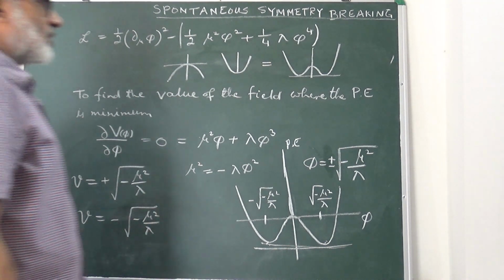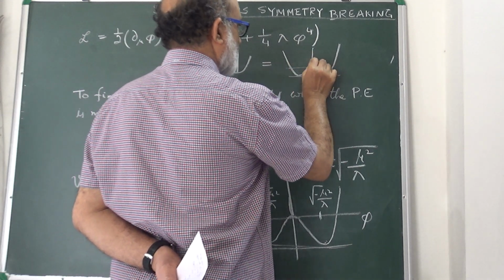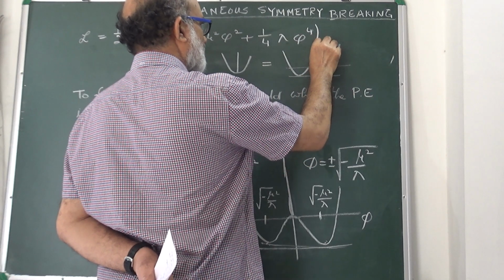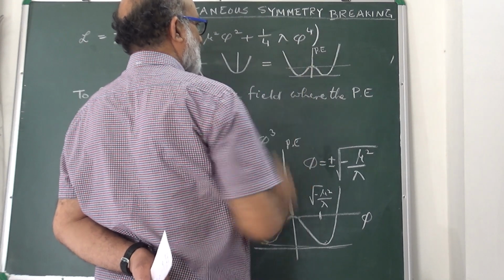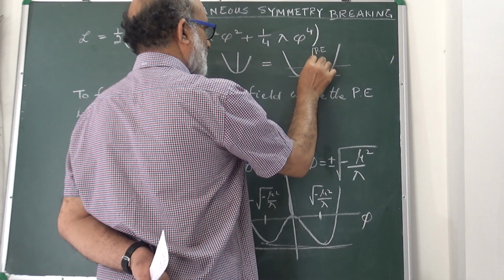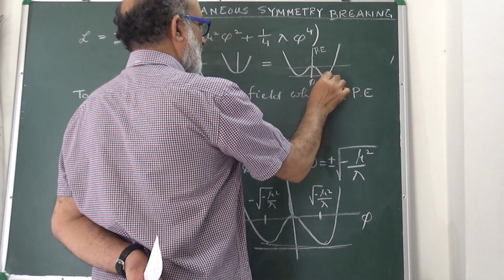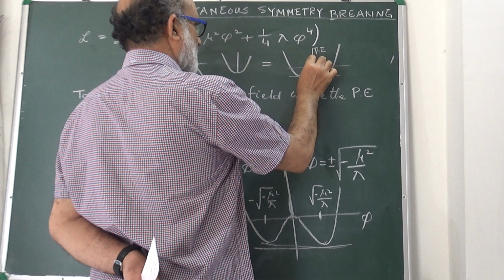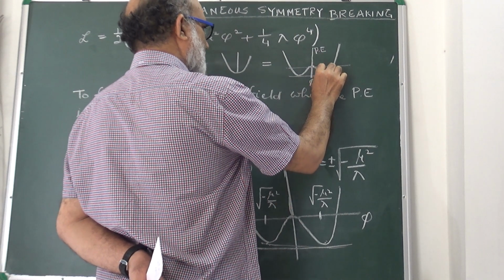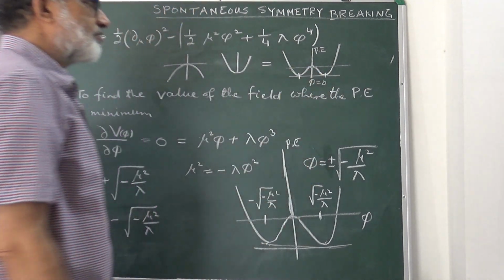So in this case we have the potential, and this is zero, this is the potential energy. It means the potential energy is not settled here at 0. At phi equal to 0, the potential energy is 0, but it's not the lowest. The potential energy settles elsewhere. The minimum value of the potential is not at 0.